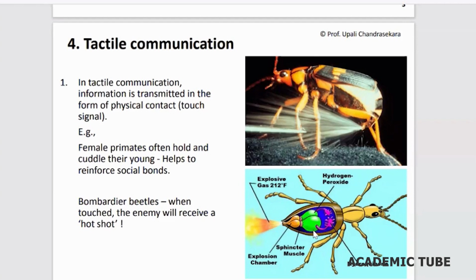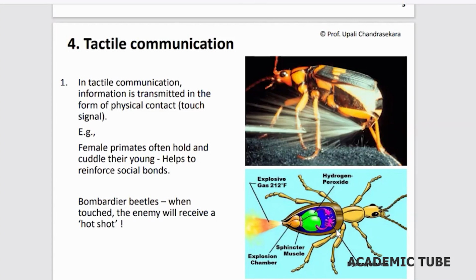Now they have a kind of reservoir that is given in green color in this drawing. There it produces and accumulates a particular substance that is hydrogen peroxide, H2O2, right? And attached to this reservoir, there is a pair of glands, and those two glands produce an enzyme, hydroquinone.